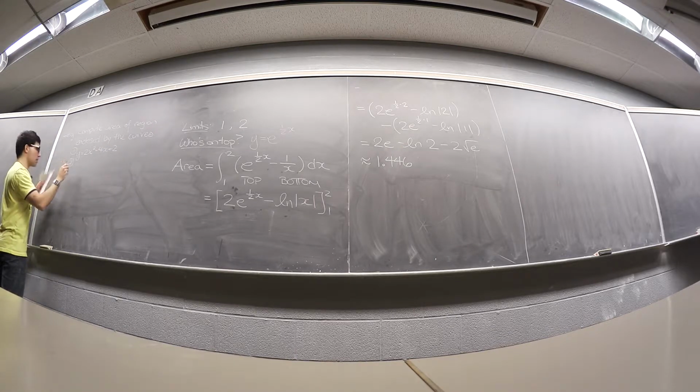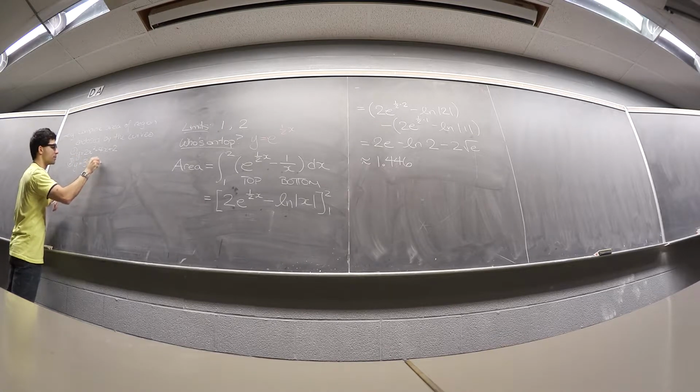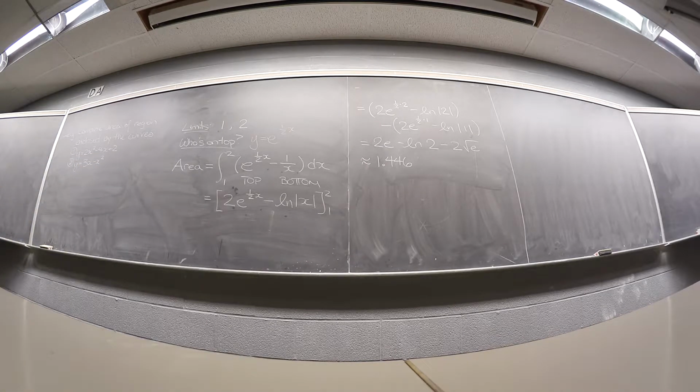And the other guy is y equals 3x minus x squared. Okay. And you go, ooh, what the heck, there's no x boundaries. Exciting.